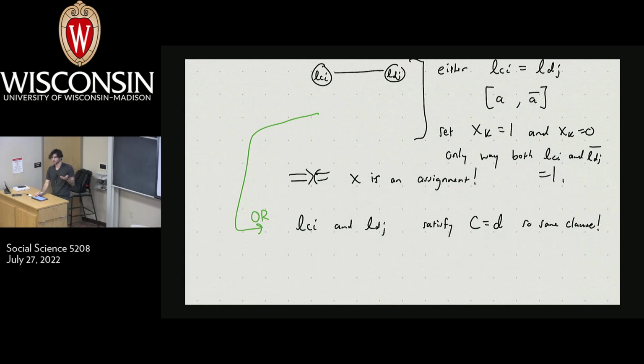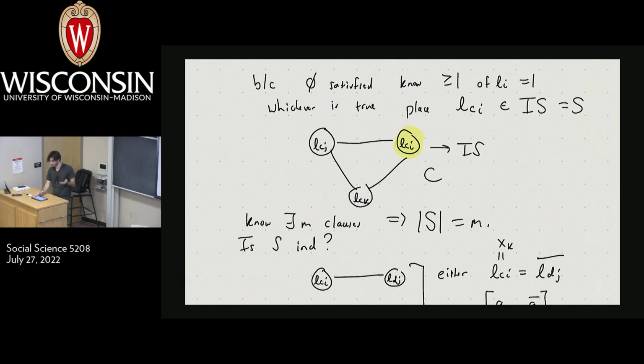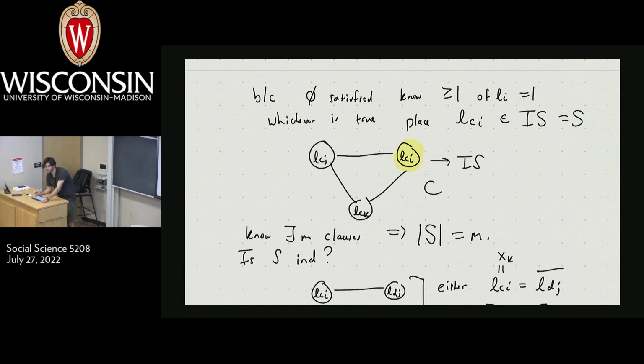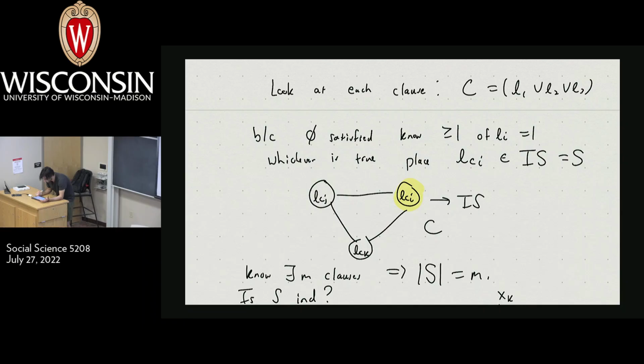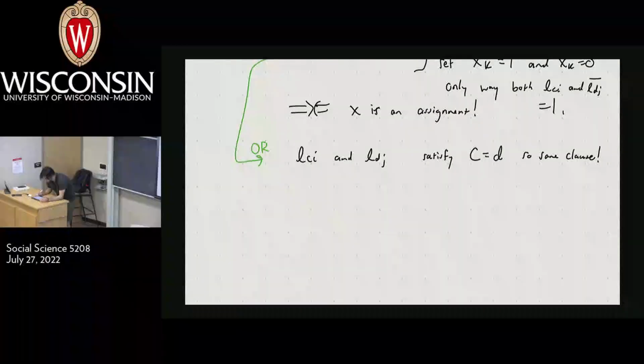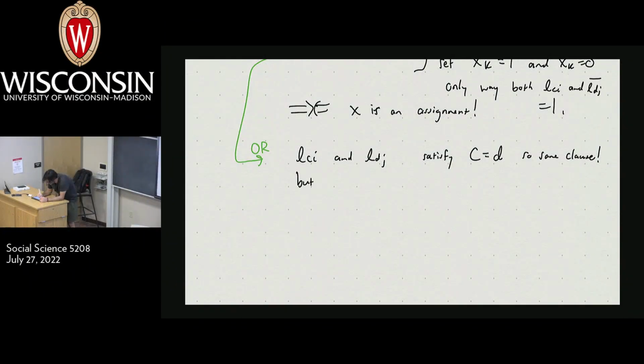But this is an issue because by definition, we only pick one of these nodes per clause. For every single one, we picked exactly one of the nodes. But this contradicts the definition of S. One node per clause.